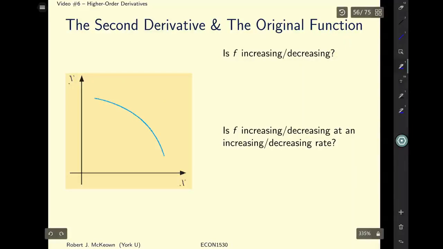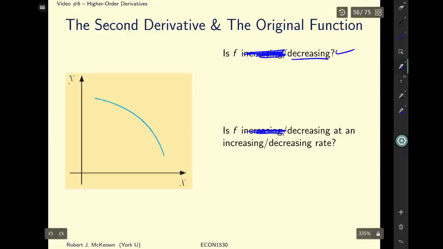One more. Is f increasing or decreasing? Well, it should be clear by now, I hope, that it's decreasing. If x increases, y decreases.